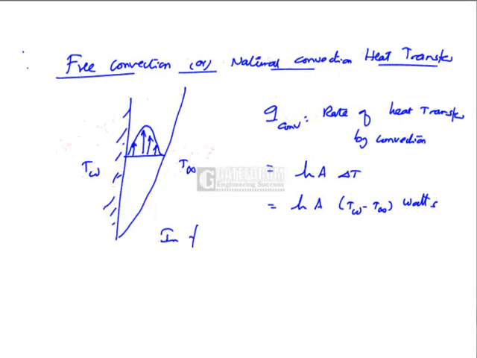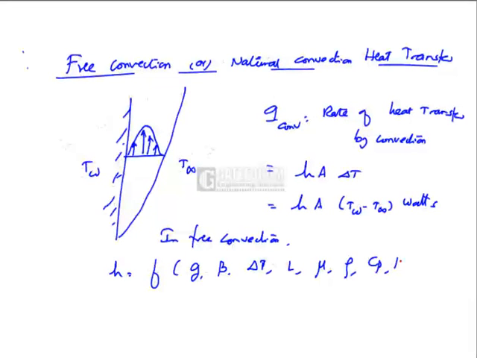In free convection or natural convection, h is a function of g, beta, delta T, L, mu, rho, Cp, k. These are all the variables that would influence the value of convection heat transfer coefficient in natural convection, where fluid has been moving by virtue of its density changes.